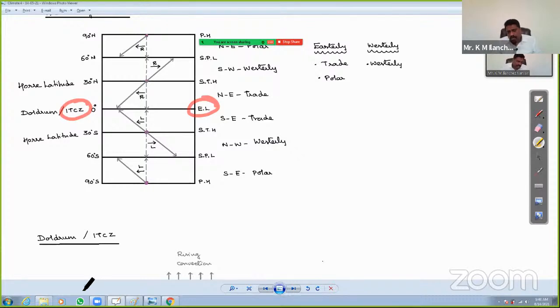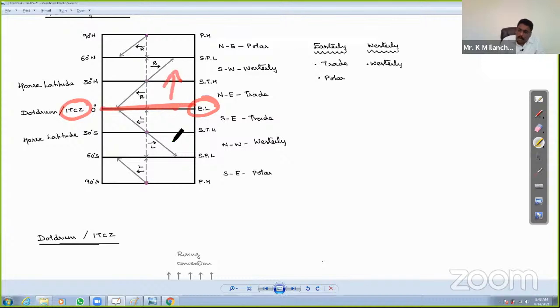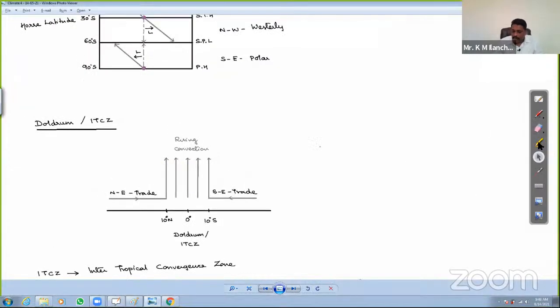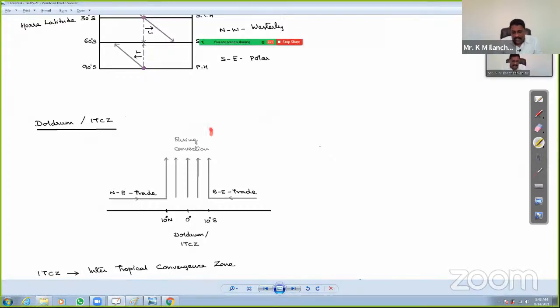But now comes the question: will this equatorial low always be present in equatorial regions? No. They will keep shifting towards north and south, my friend. To be very precise, this ITCZ exactly overlaps with the place where there is a rising convection. Why? Because there is high temperature. Why is there high temperature?